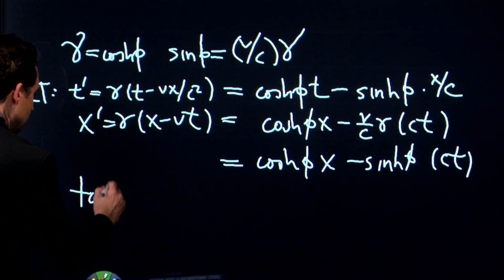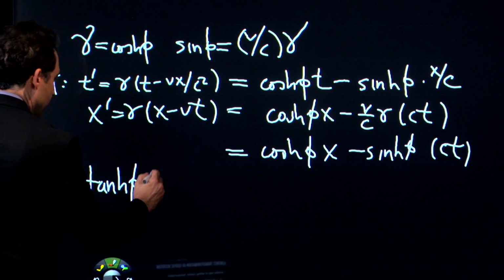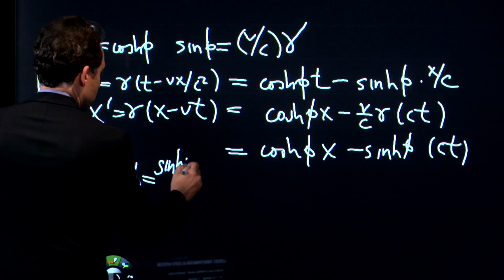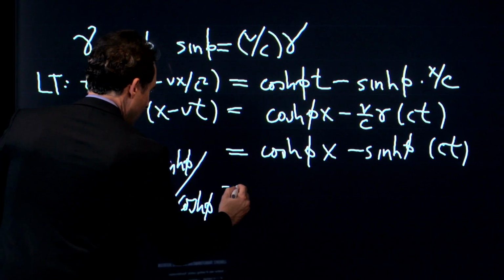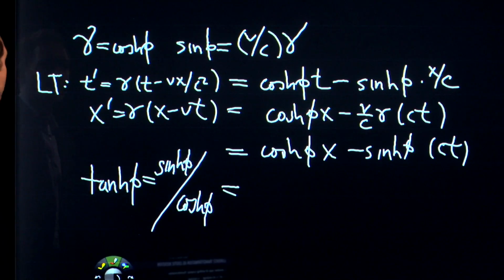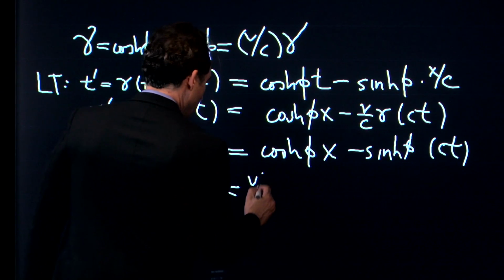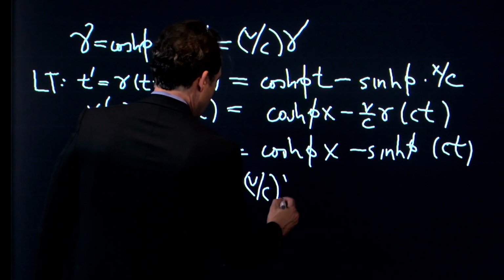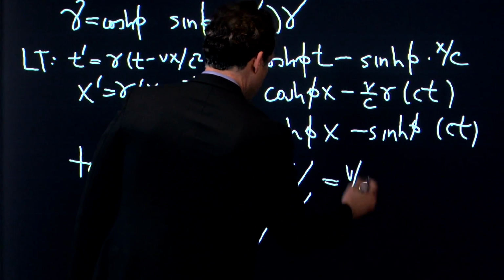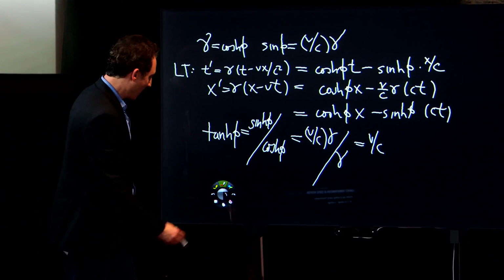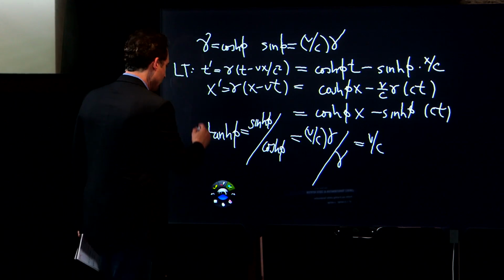Let me also note that if you look at tanh phi, that, of course, is sinh phi divided by cosh phi. And plugging in from what we have above, we have v over c times gamma divided by gamma. So that is simply equal to v over c. So the way that you can think about this is as follows.